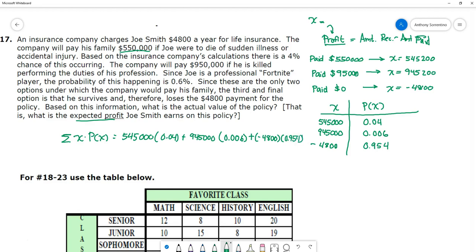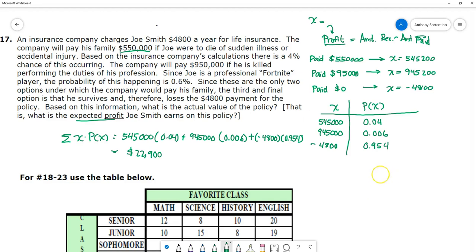And if you work that out, you get about $22,900. And so since the expected profit is $22,900, even based on these probabilities, that's what the policy is worth. So that's how that's figured out.